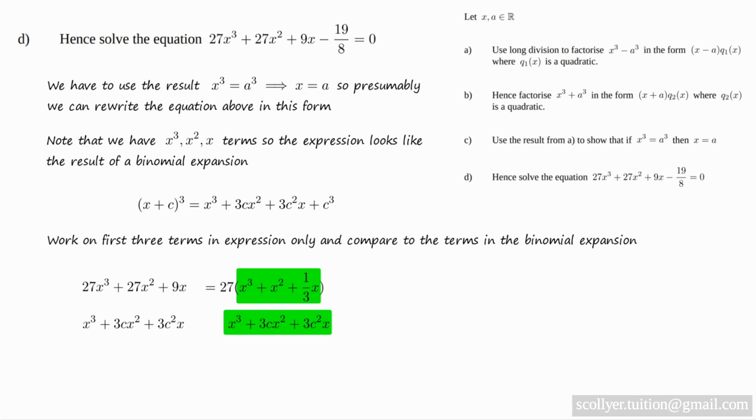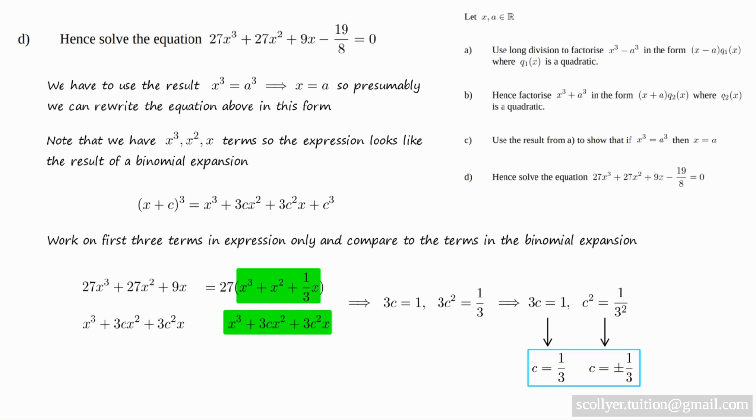And if those two terms are going to be the same, then we need 3c = 1 and 3c² = 1/3, which means that 3c = 1 and c² = 1/9, which we solve to see that c = 1/3 and c = plus or minus 1/3, and these two sets of solutions are consistent as long as we take c = 1/3.